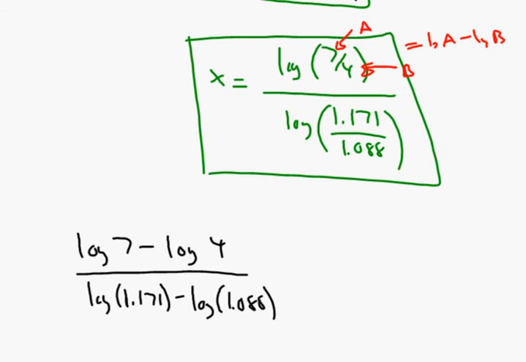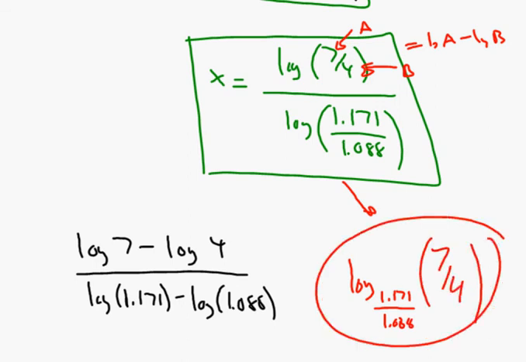And if you really want to have fun, we used change of base formula yesterday, so you could write this the following way. Log base 1.171 over 1.088 of 7/4. I'm not going to say that that's the prettiest way to write it, but that's what change of base formula does. Now you might say, hey, wait, review change of base formula for a minute.